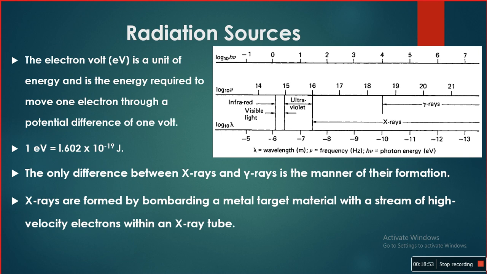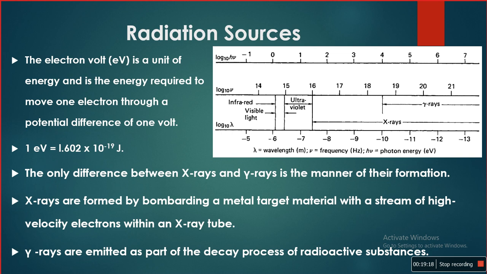So X-rays can be generated artificially by bombarding a stream of high velocity electrons on a metal target. Keep in mind, X-rays are artificially generated by bombarding high velocity electrons on a metal target.